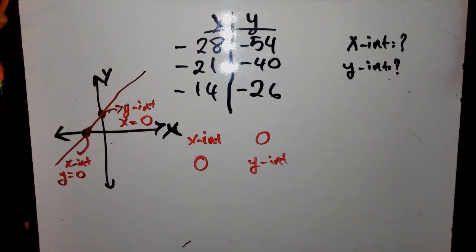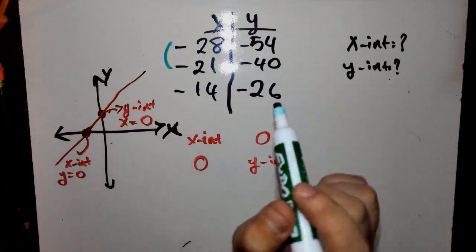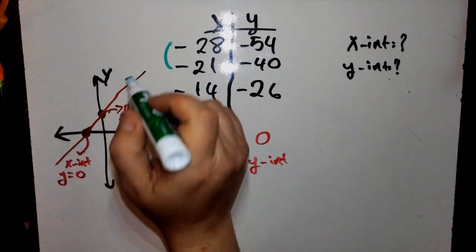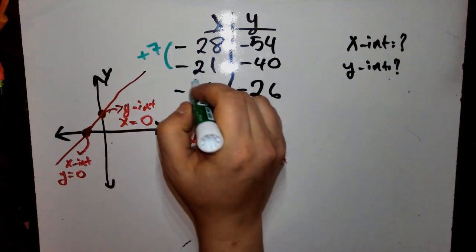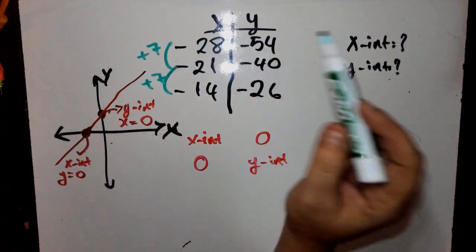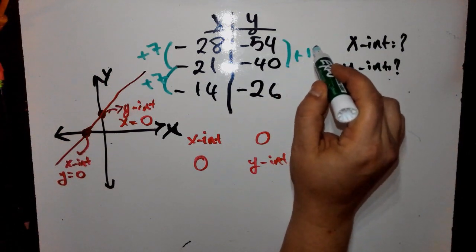I need to look at the rate of changes on both x and y. So what's happening over here? Negative 28 to negative 21. I'm adding a 7. Same thing. I'm adding a 7. While I'm adding a 7 to the x for the first move, I'm adding a 14.